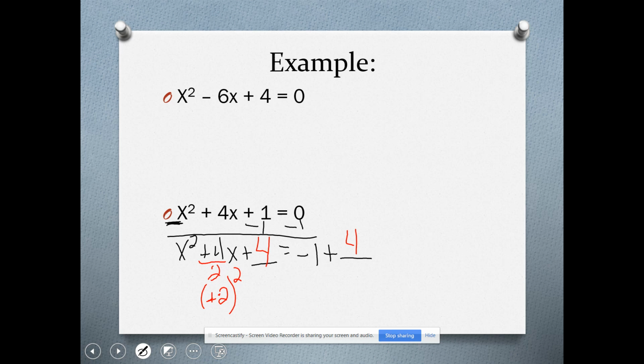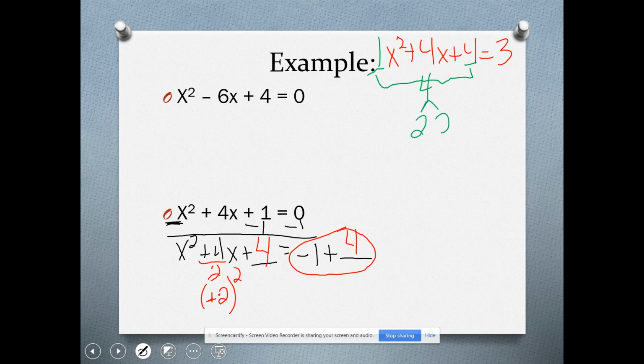So now we have x squared plus 4x plus 4 is equal to negative 1 plus 4 is 3. Let's factor. 1 times 4 is 4. The factors of positive 4 that add to positive 4 are positive 2 and positive 2.